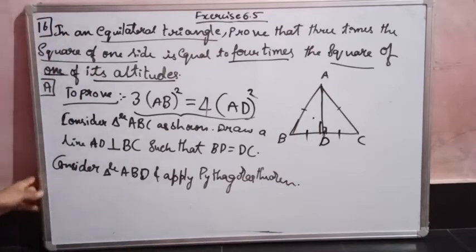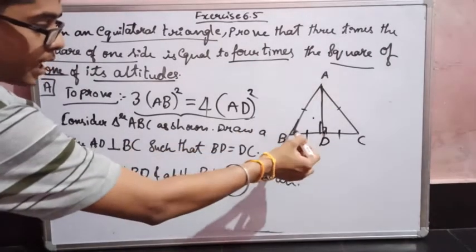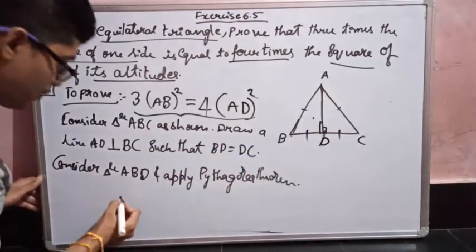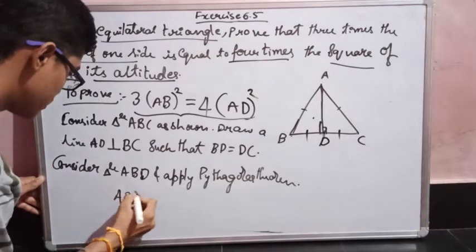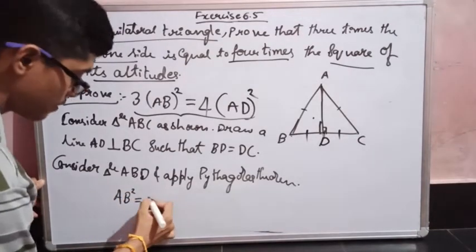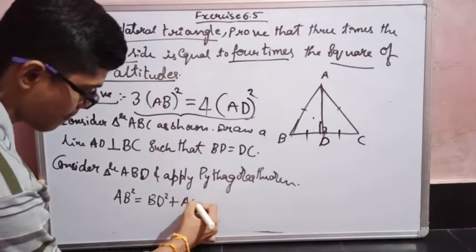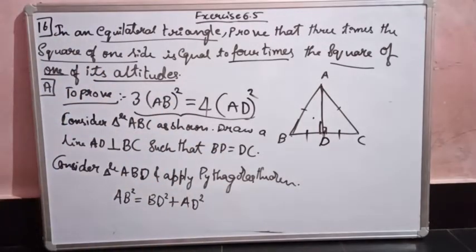Well, if I apply Pythagoras theorem for the triangle ABD, AB is the hypotenuse and BD and AD are the other sides. Therefore, hypotenuse square, AB square, is equal to BD square plus AD square.